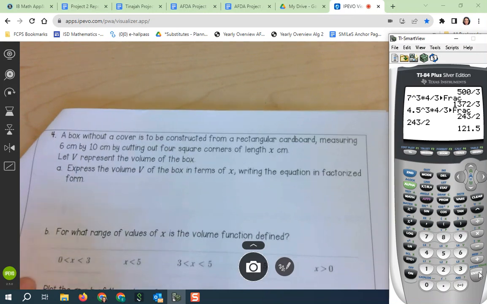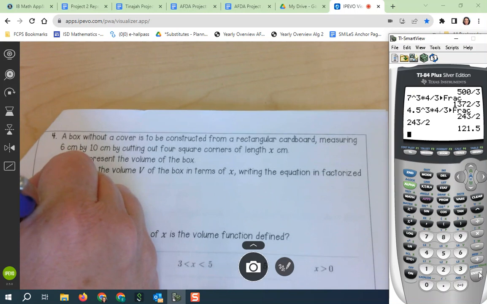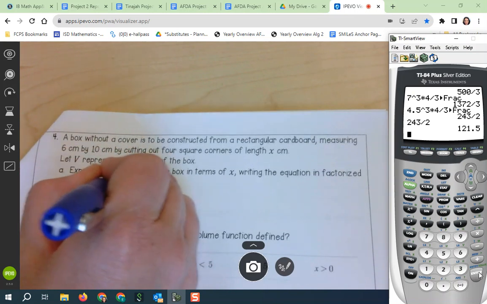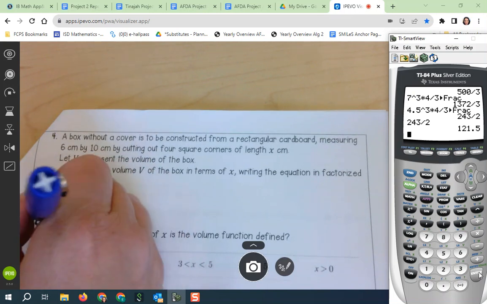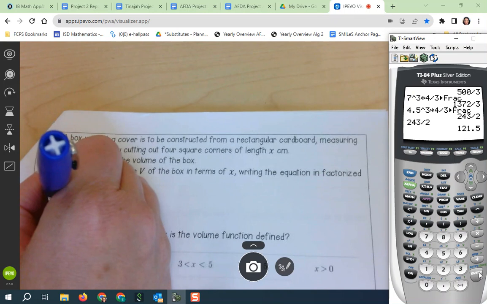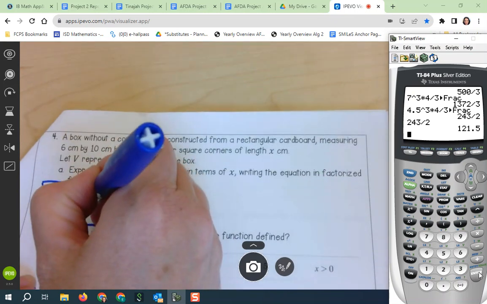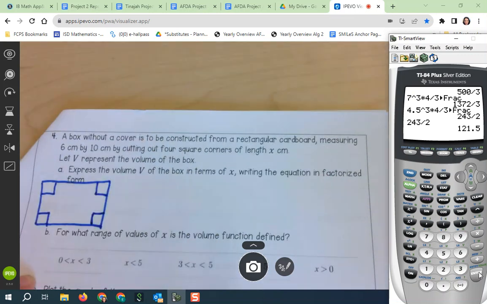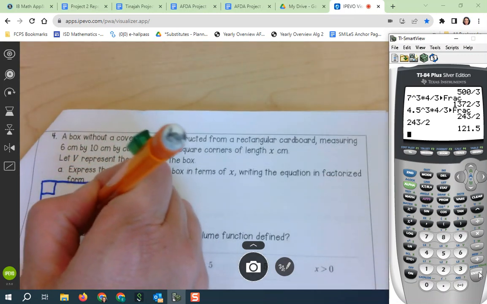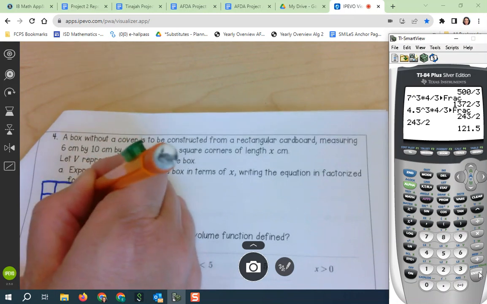So here's what they're doing. They're taking a rectangle and they're cutting these corners out, square corners like this. Okay? And then they'll fold the box up on these lines here so that it looks like a box.